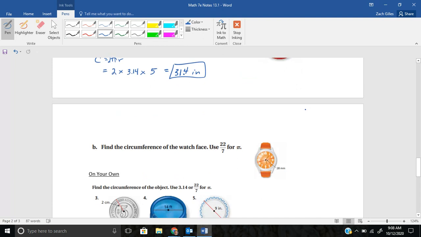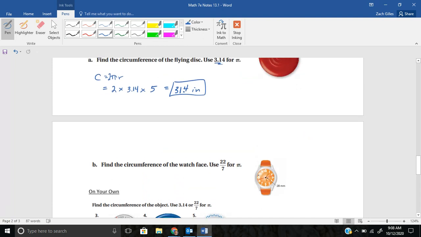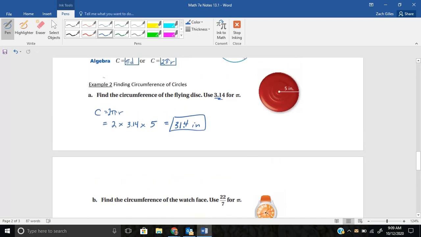All right, let's try another one here, and we're going to use the watch face. And in this example, we're going to use 22/7 for pi. If you look closely at the picture, it says that the distance across, so the diameter, is 28 millimeters. So I'm going to use my diameter formula here.